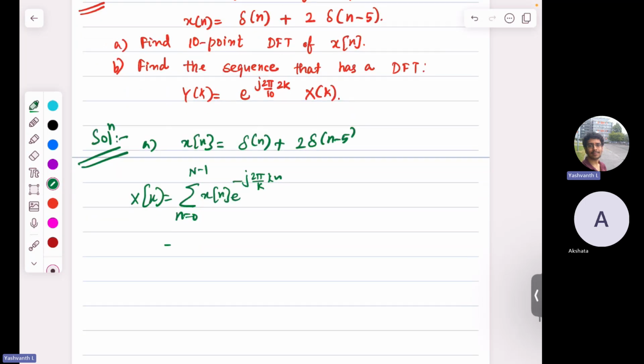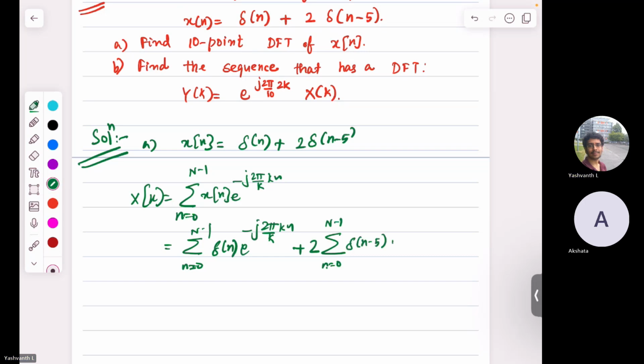That's summation of delta of n into e power minus j 2 pi by N into kn, plus, taking the 2 outside the summation, summation of delta of n minus 5 into e power minus j 2 pi by N into kn.